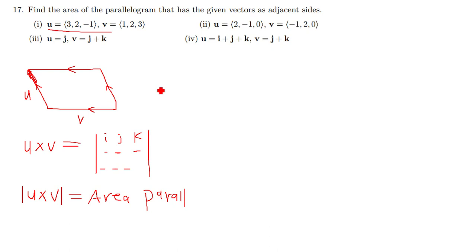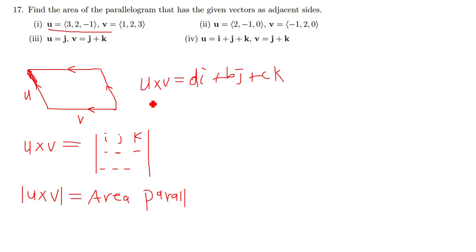Whenever you find the cross product of two vectors, your answer will be in the format ai plus bj plus ck. This is not the magnitude but just the cross product of u and v.